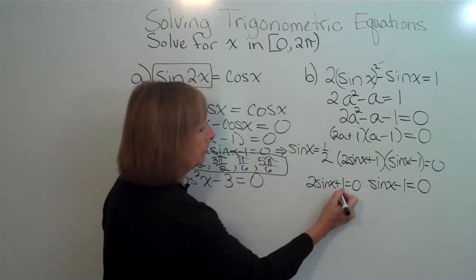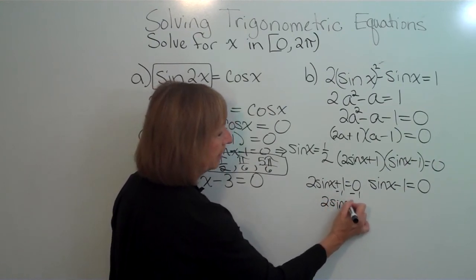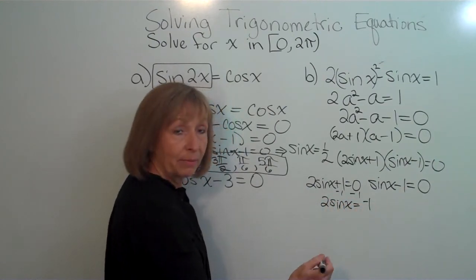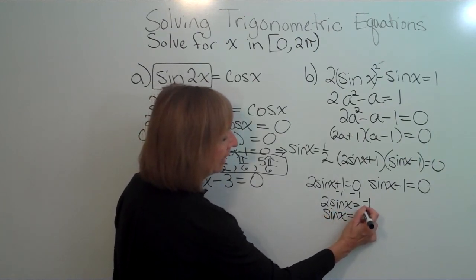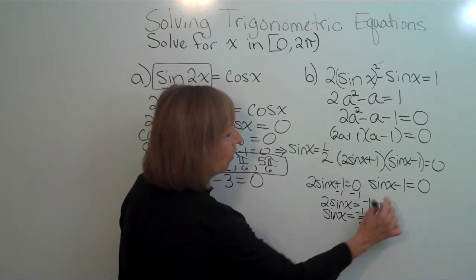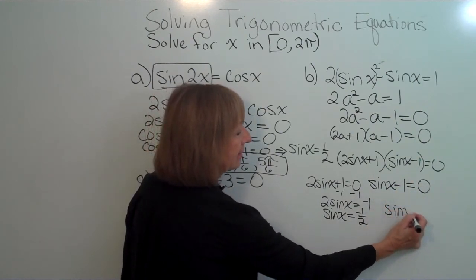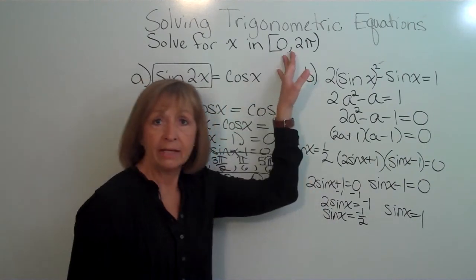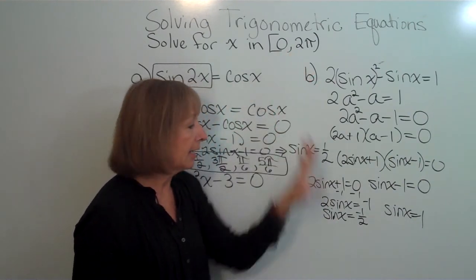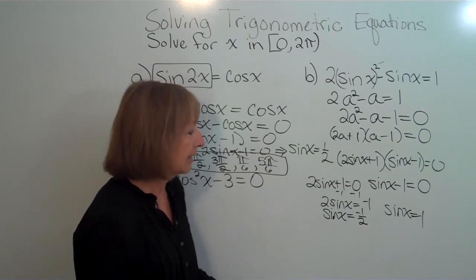In the first equation, we'll subtract 1 from both sides, so I have 2 sine x equals negative 1. Divide both sides by 2, sine x is equal to negative 1/2. Or, second equation, add 1 to both sides, sine x is equal to 1. Again, I'm supposed to give the angles in the span from 0 to 2 pi for which the ratios of these trig functions come out to be that right-hand side.